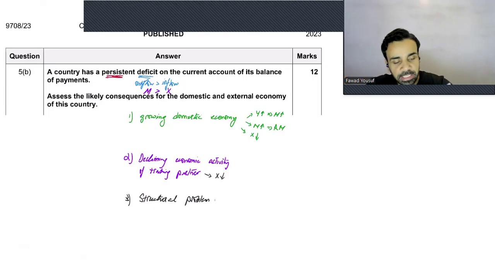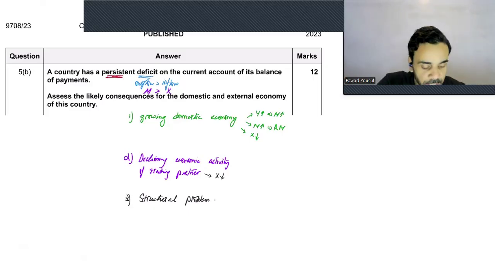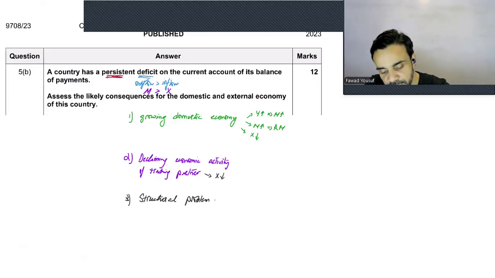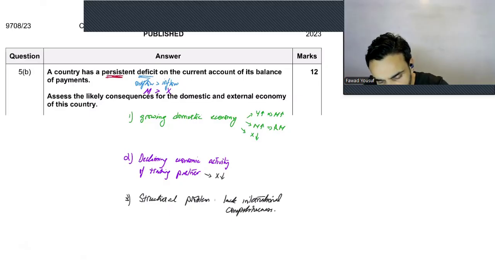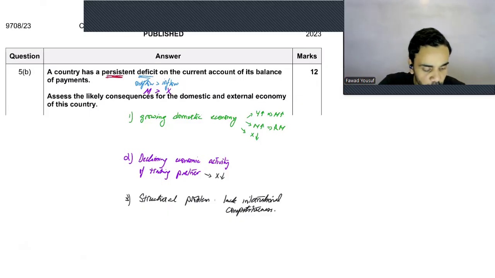And this is like one of those long run concerns, because what is happening is, because we have structural problems, what it means is that we lack international competitiveness in terms of the price, in terms of the quality of the good we have.